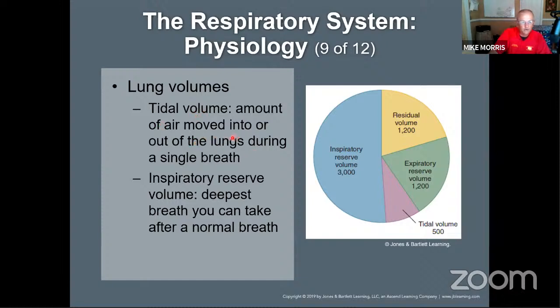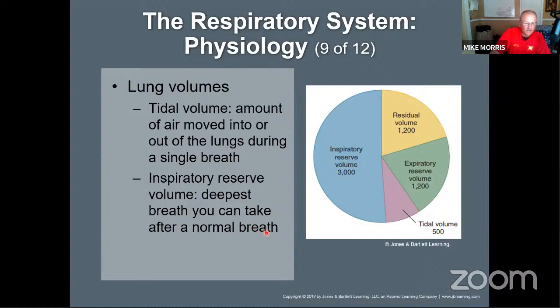Everybody should understand tidal volume by now. And then that inspiratory reserve, right? So what it's saying here is the deepest breath you can take after a normal breath. And so this helps to ventilate those parts of your lung below the alveoli, right?